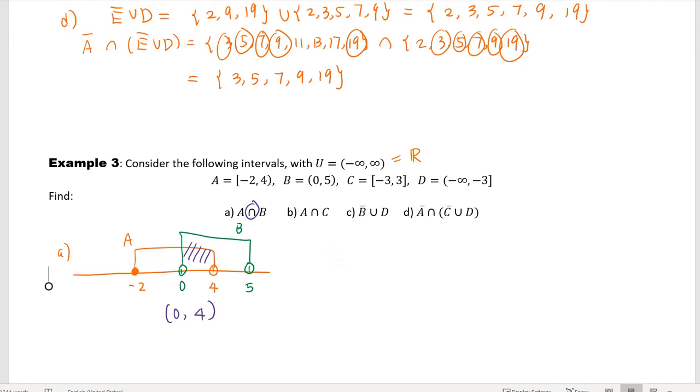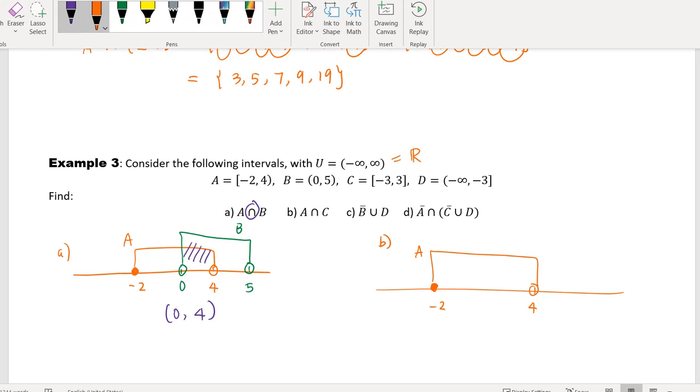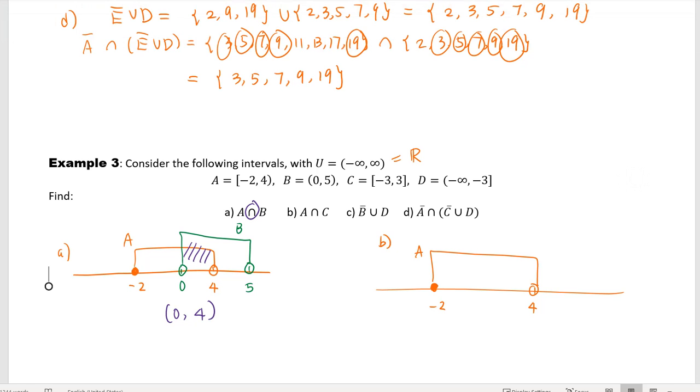Next, part B, A and C. Let's draw a picture. A is -2 and 4. Include -2, exclude 4. This is A. What is C? C is -3 right here and 3 right there, and we want to include them.